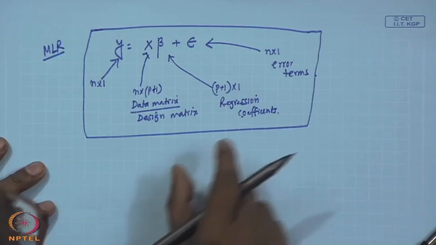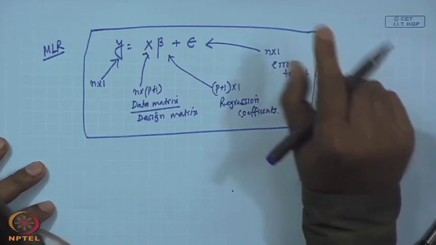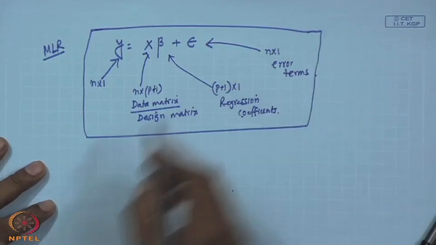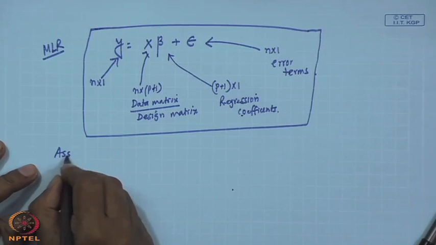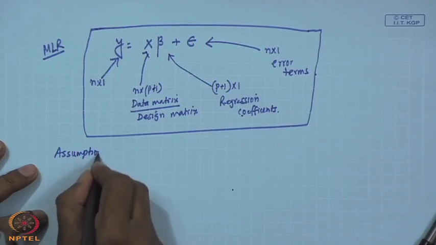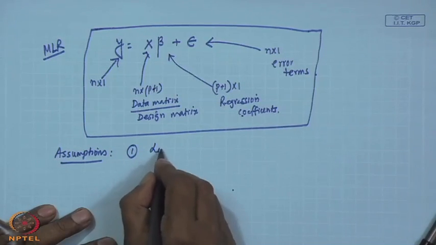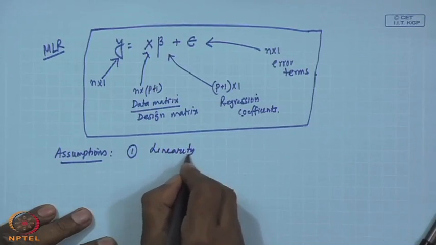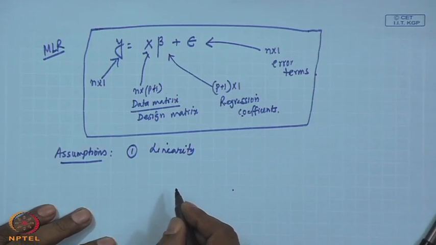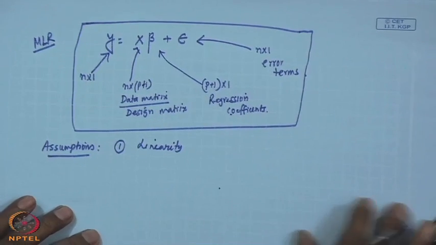Now, we will see some of the assumptions of multiple regression. The first assumption is linearity, that is, linear relationships.